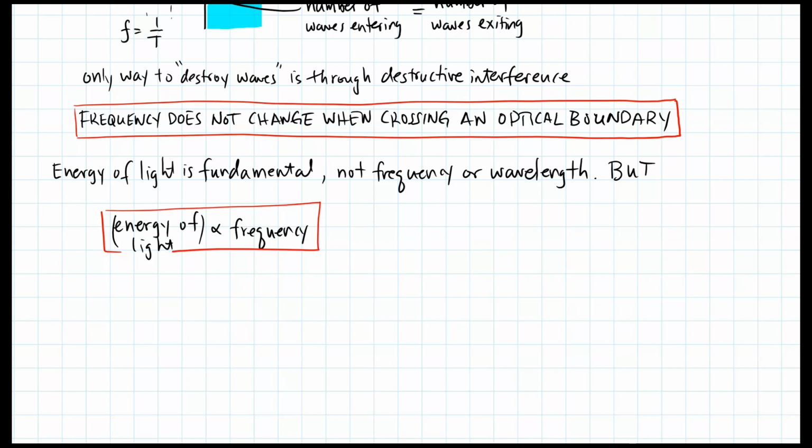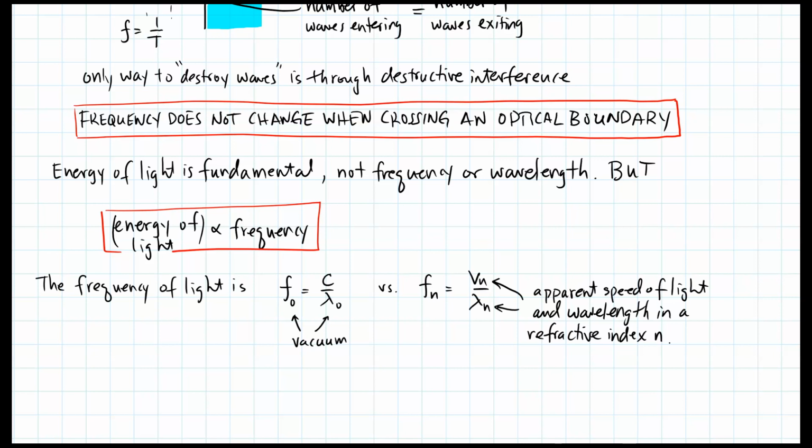In the language of conservation of energy, we can write what is the energy of the light wave beforehand, what is the energy of the light wave afterwards, and think about that in terms of the apparent speed of light as well as its wavelength. Since frequency is equal to the speed of light divided by the wavelength, we can rewrite this as follows.